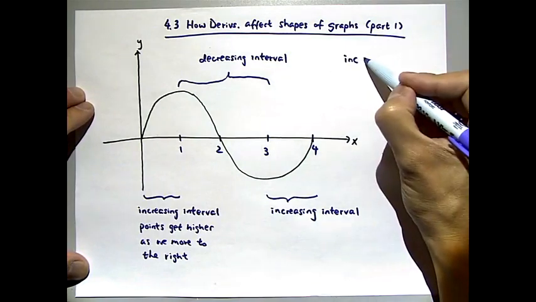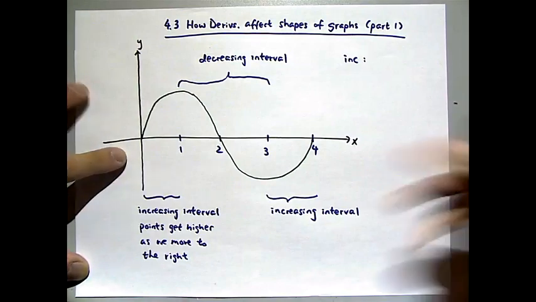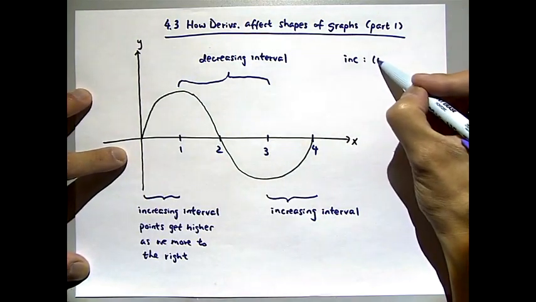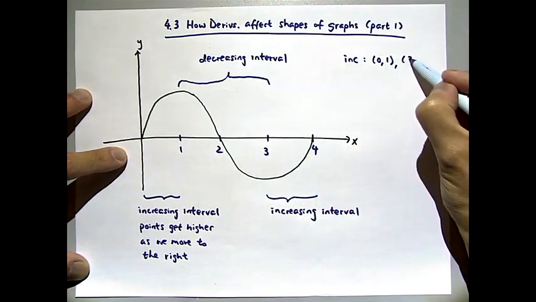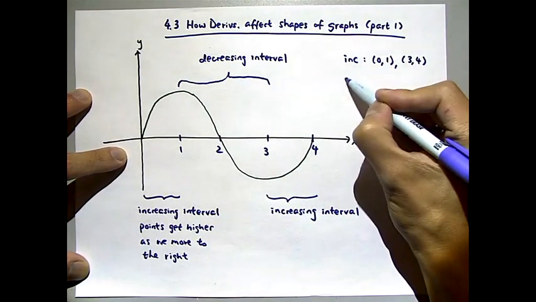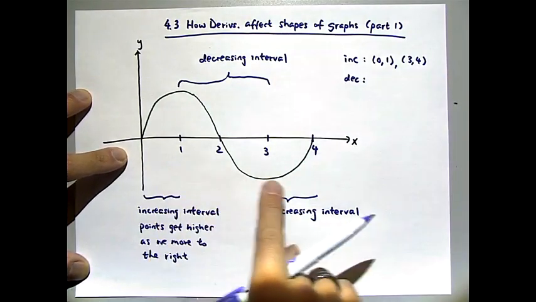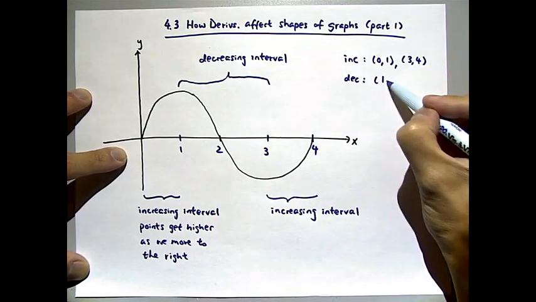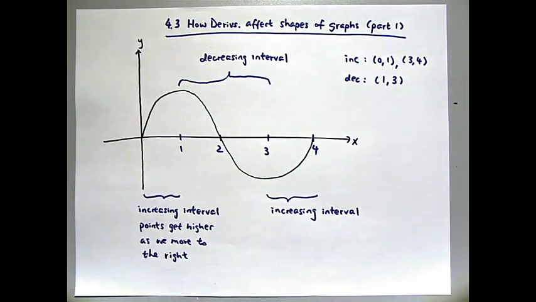I'll abbreviate increasing with INC from this point on. The intervals are 0 to 1 and 3 to 4. Okay? And the decreasing interval we have is 1 to 3.